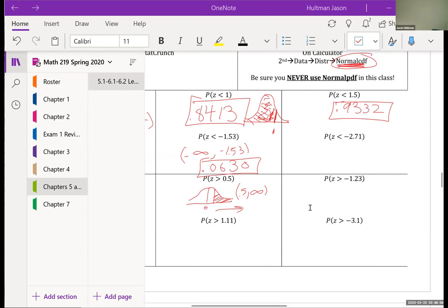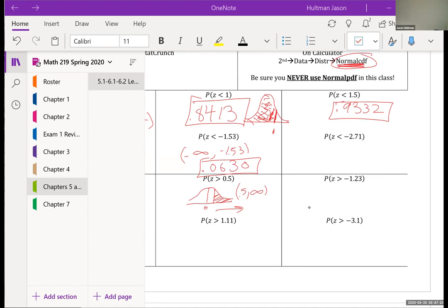I apologize. So Z of 0.5, everything is from 0.5 to positive infinity. Does that make sense? We're going to the right this time.